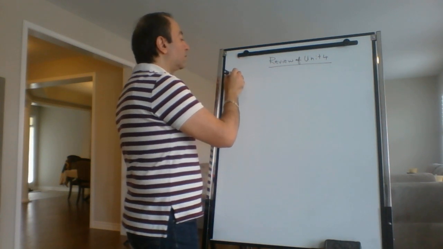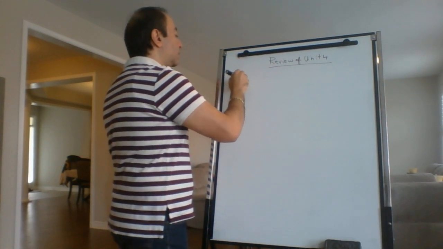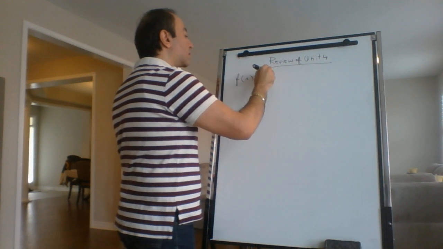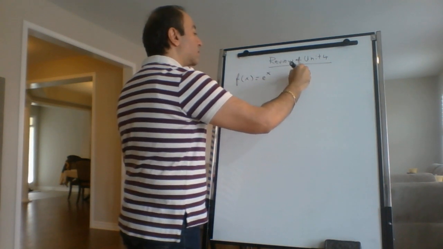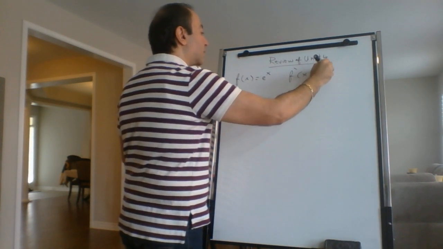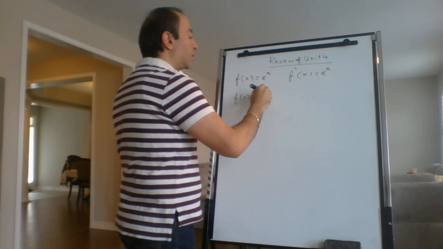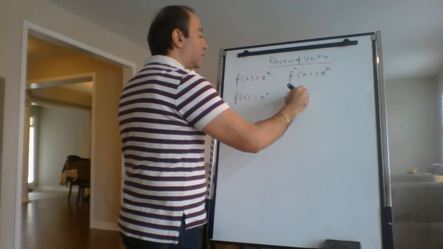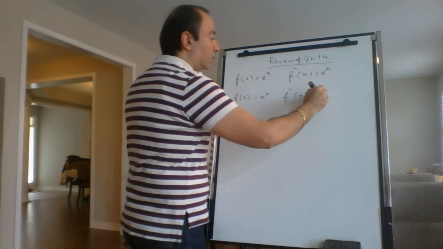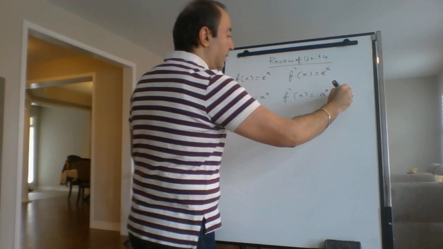The first thing we have learned, if f of x equals e to the power of x, f prime of x will equal e to the power of x. If f of x equals a to the power of x, f prime of x equals a to the power of x ln a.